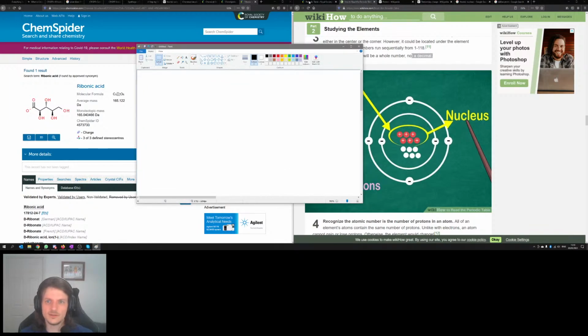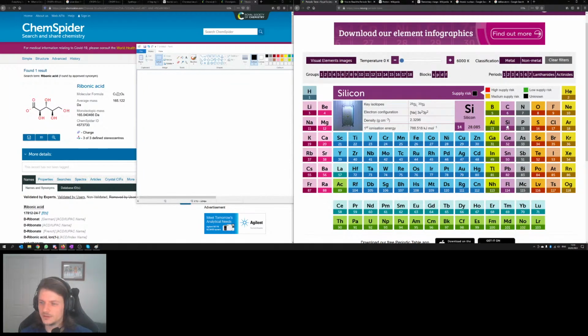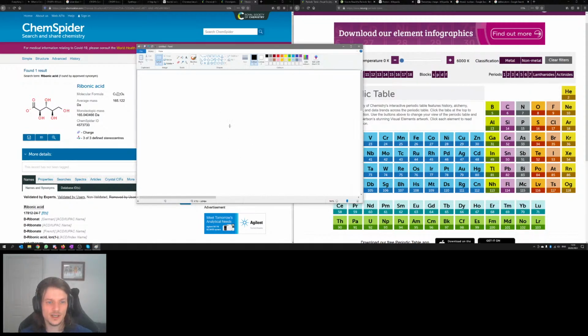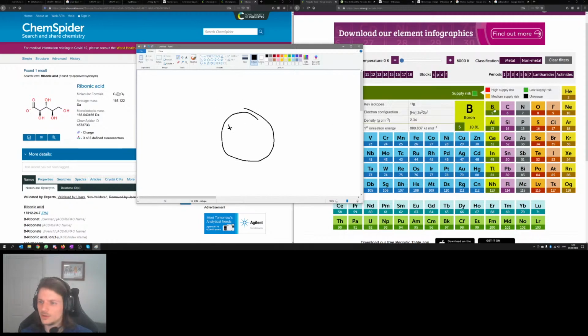So in terms of carbon, you have your central place, and you have one, oh, does it say what's positive and what's negative? Or neutral? No, it does not.